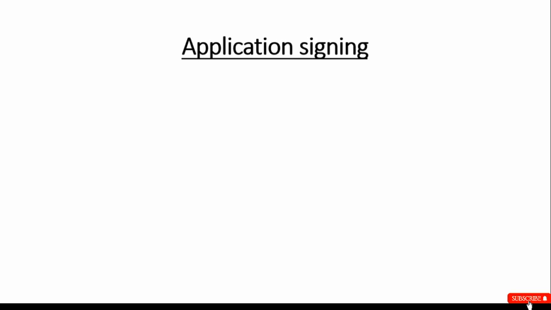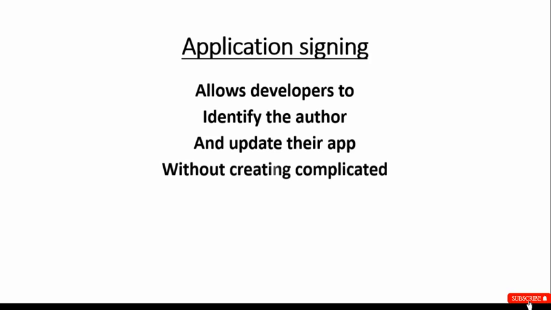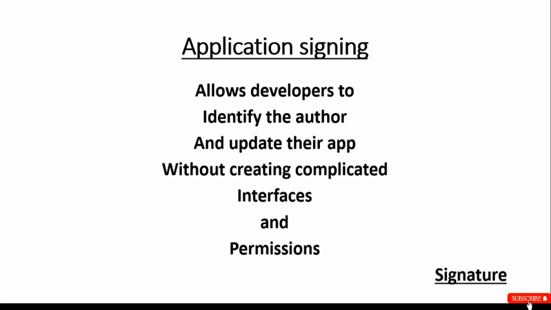Another thing that I want to cover here is application signing. So application signing allows developers to identify the author of the application so that the user knows that the application is actually legitimate, and also to update their application without creating complicated interfaces or permissions, right? Now every application that is run on the Android platform by default must be signed by the developer. So if you root it and you go to some other stores, that's definitely very different.